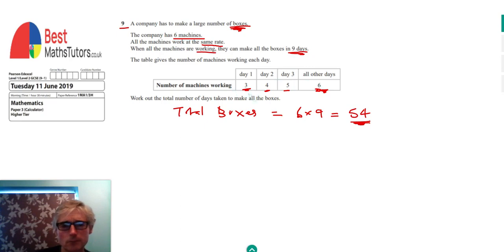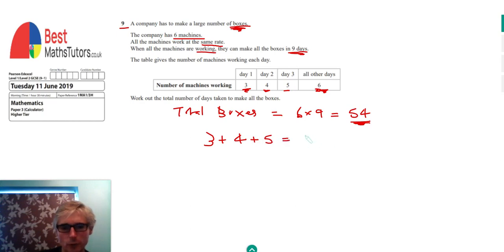So we haven't actually got 6 machines working all the time. We've got to work out how long it would take to make 54 if in fact we've got 3 machines, 4 machines, 5 machines on the first 3 days. So if we add those first 3 days up, we've got 3 plus 4 plus 5.